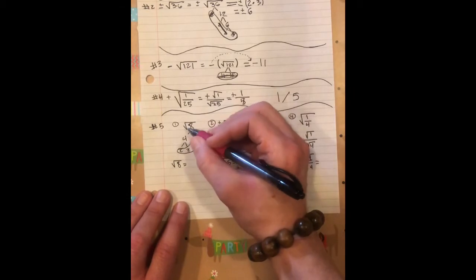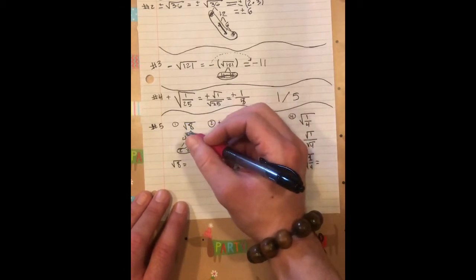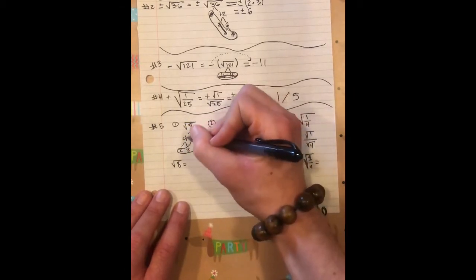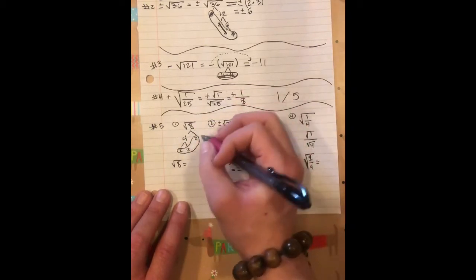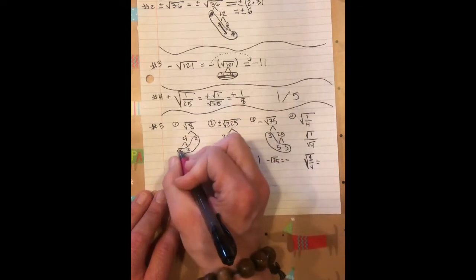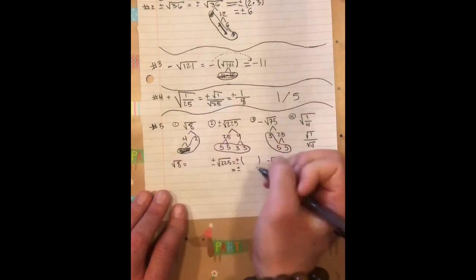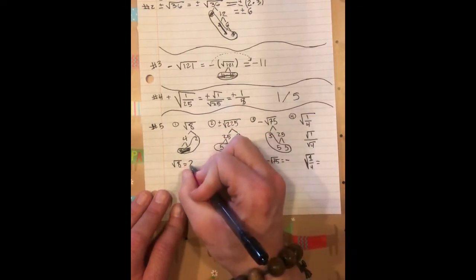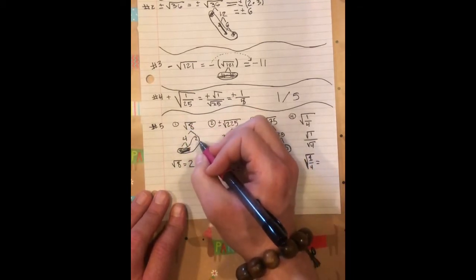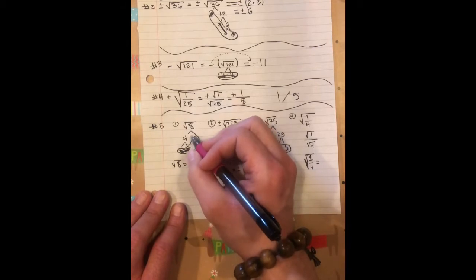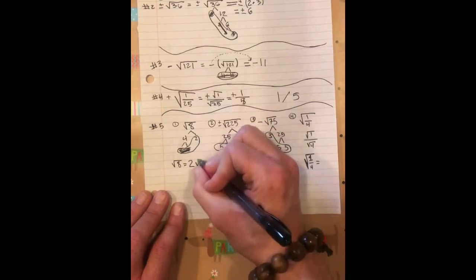So the square root of 8, as we've done before in the notes, we break 8 into 4 and 2, we break 4 into 2 and 2, and I have 3 2's here. Since I have 3 2's, I can take a pair of them, smash them together, and bring 1 out. What is left? A single 2. There's no pair for it to get matched up with, so we have to leave it under the radical.